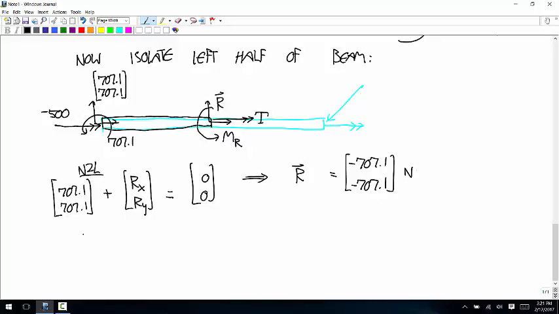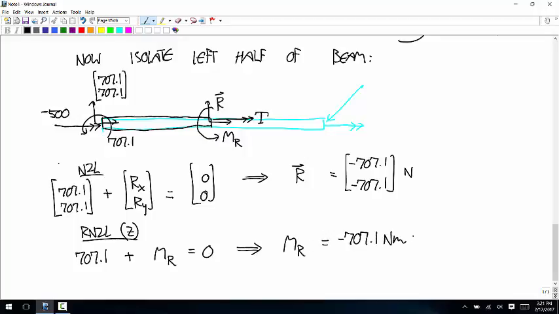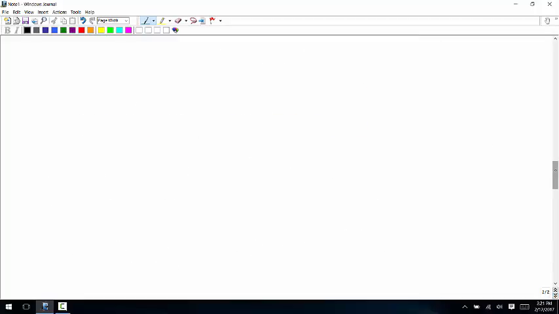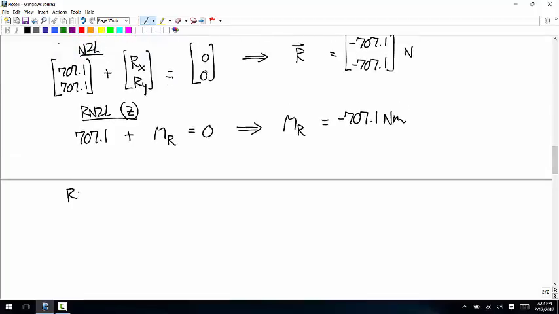And now we'll sum the moments about the z-axis. So rotational Newton's second law about z says positive 707.1 plus MR is equal to 0. So MR is equal to negative 707.1 Newton meters. And then add up all the moments about the x-axis.